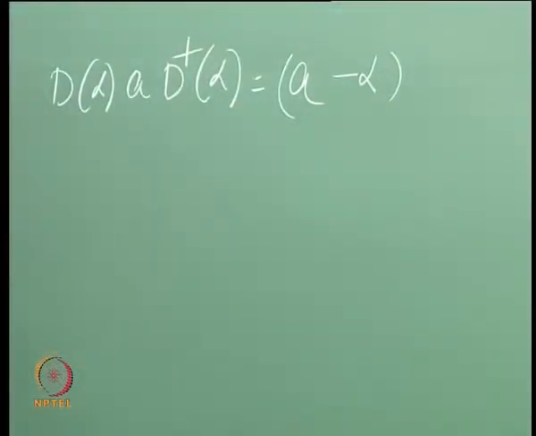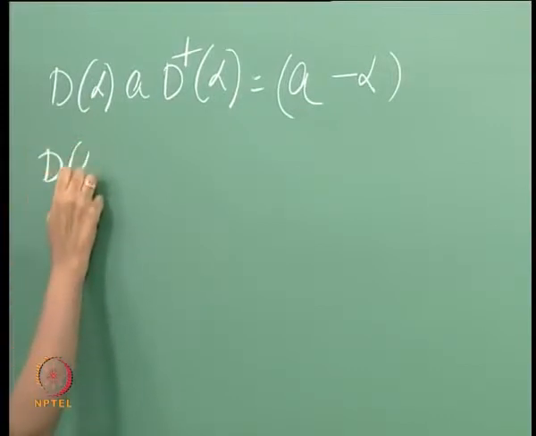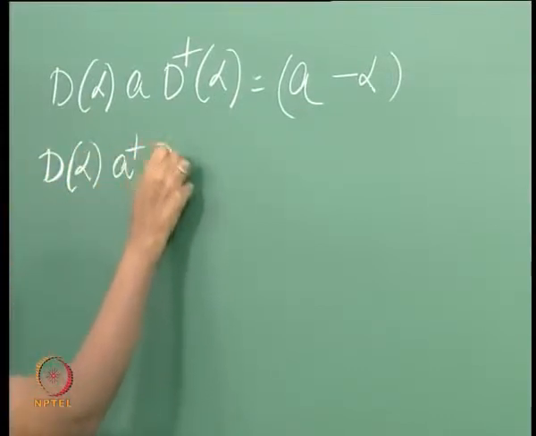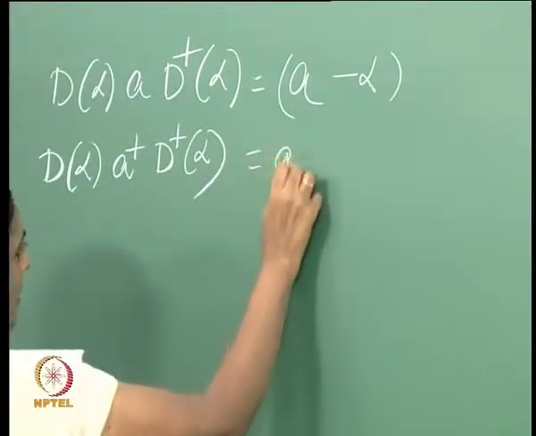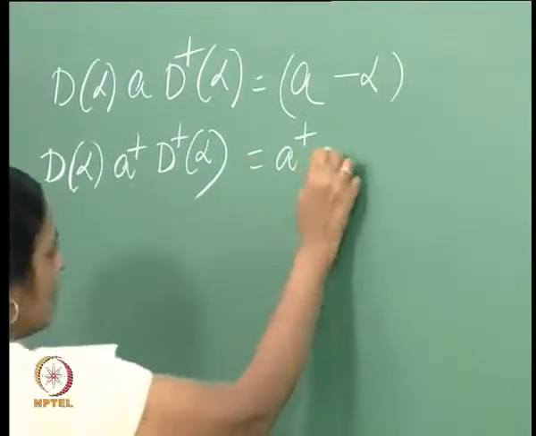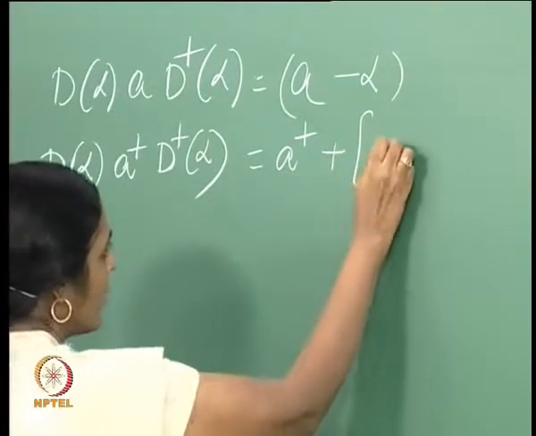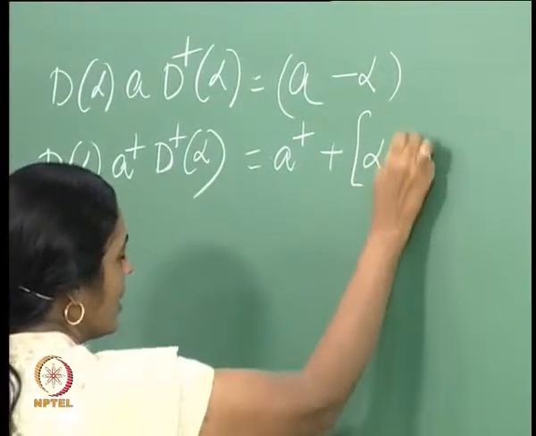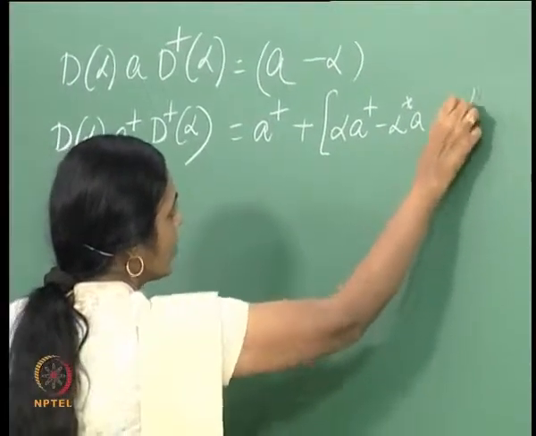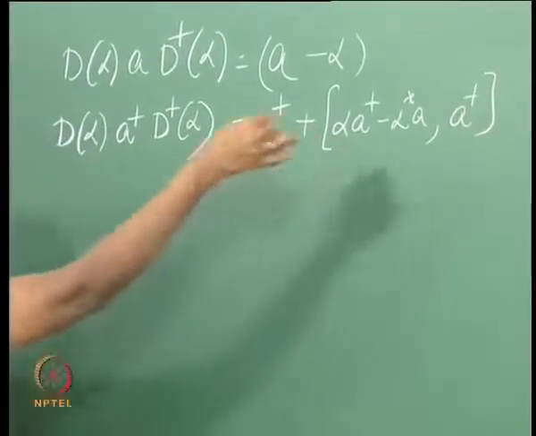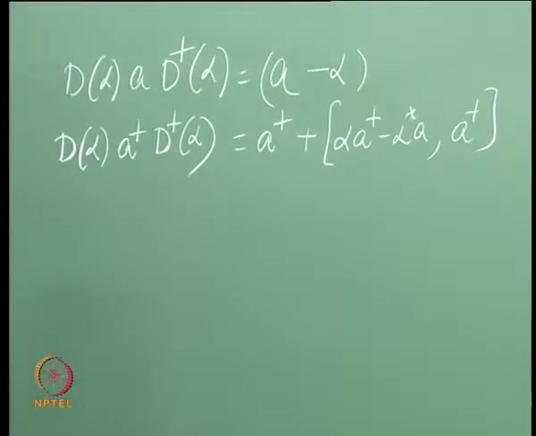Similarly, we can find D of alpha a dagger D dagger of alpha. That is a dagger plus the commutator of A with B, which in this case is alpha a dagger minus alpha star a, commutator with a dagger. All other commutators are 0.